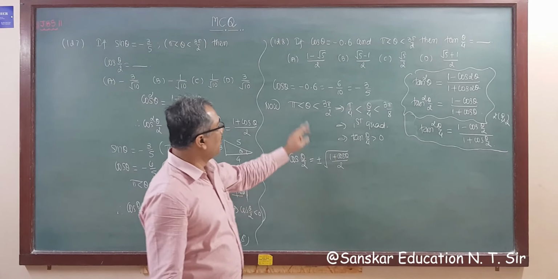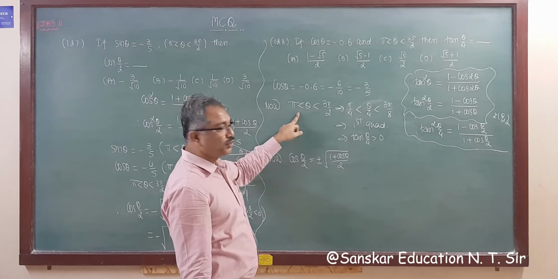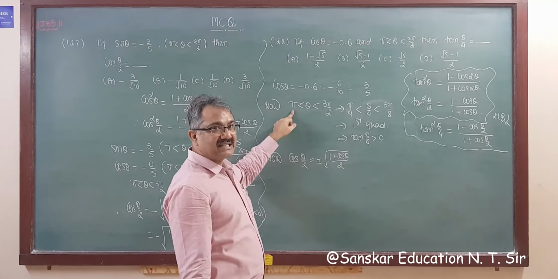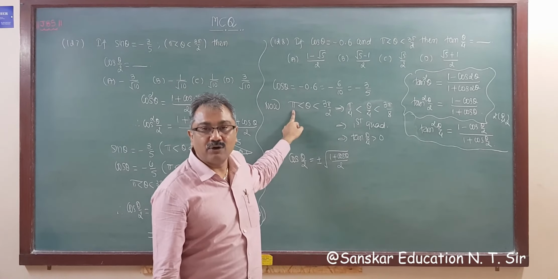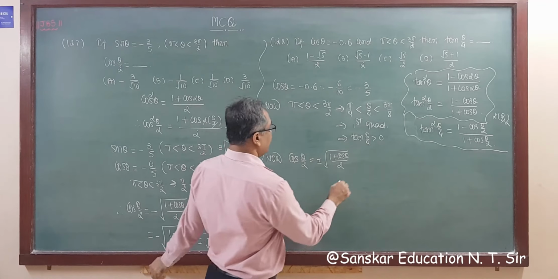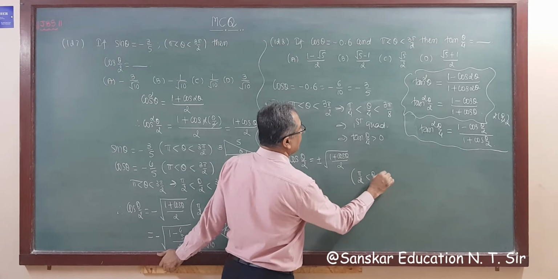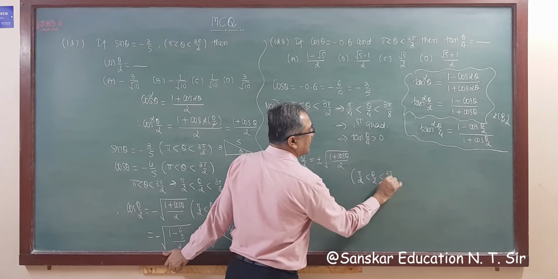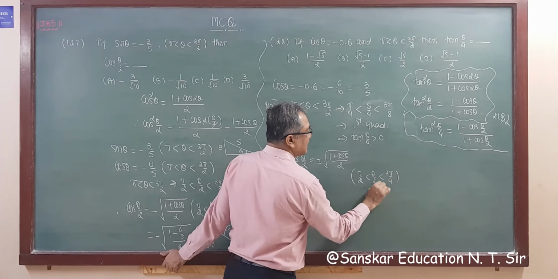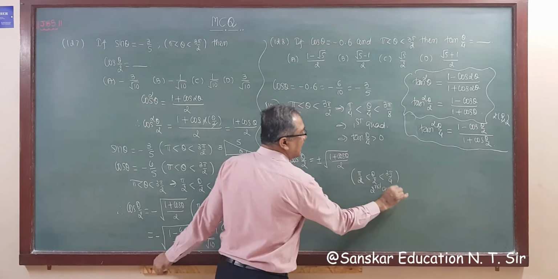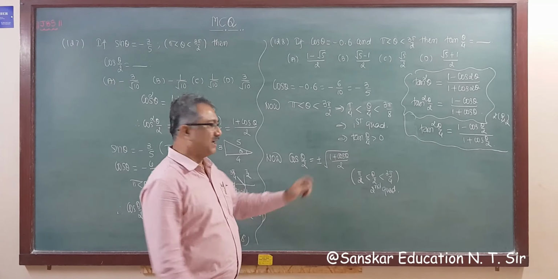Now theta by 2 lies in the second quadrant, and in the second quadrant cos is negative, so we have to take the negative square root.